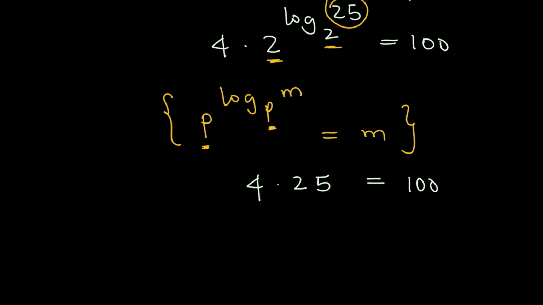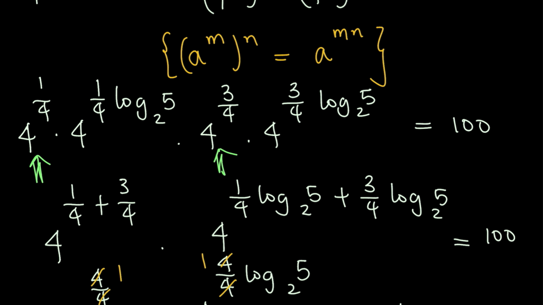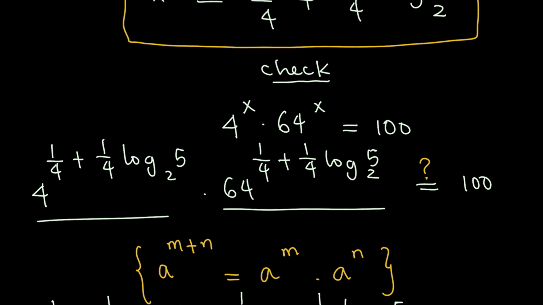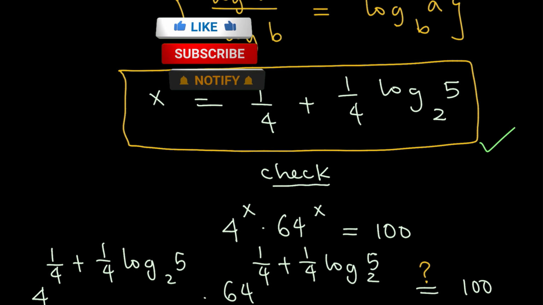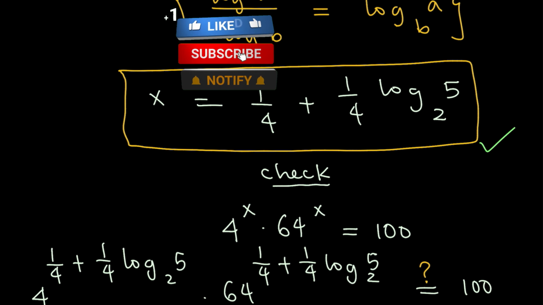And of course, 4 times 25 is 100, making the left-hand side exactly the same as the right-hand side, which confirms that our solution for this problem is perfectly correct.